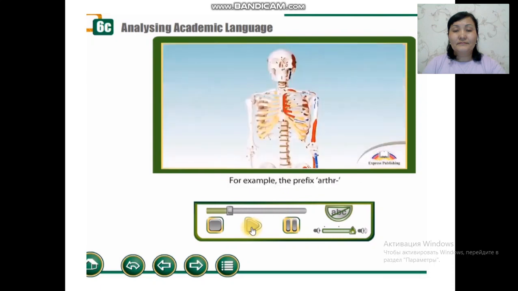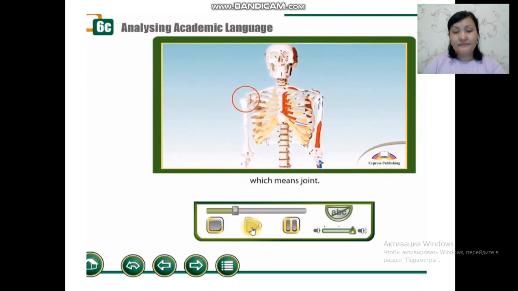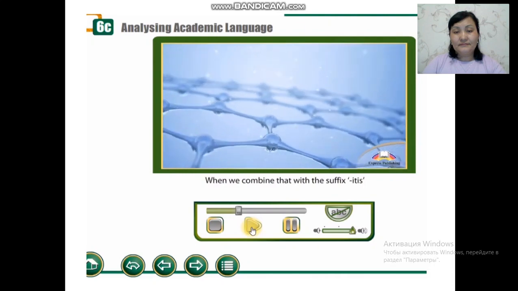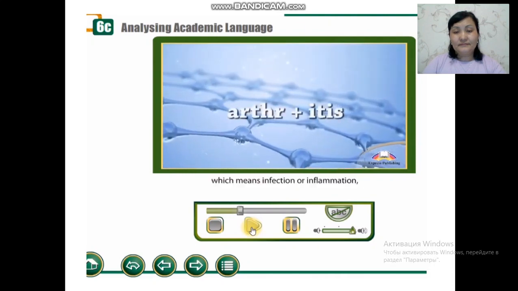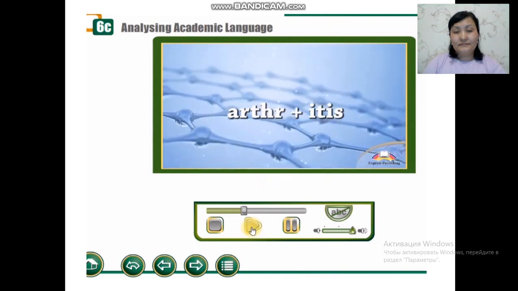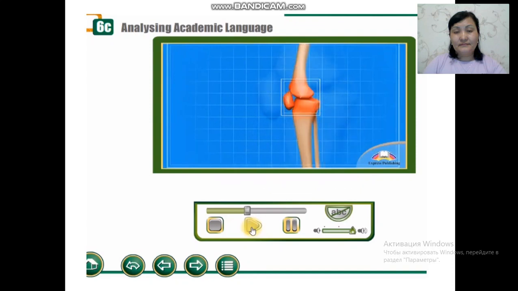For example, the prefix ARTHR comes from the Greek word arthron, which means joint. When we combine that with the suffix ITIS, which means infection or inflammation, we get the word arthritis. Arthritis is an inflammation of the joints.